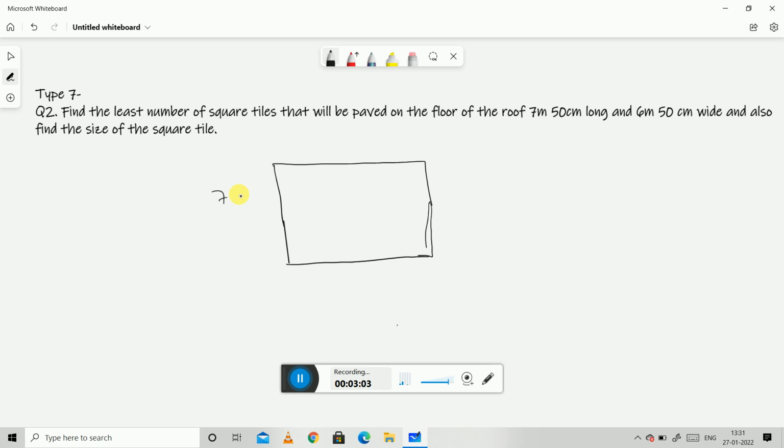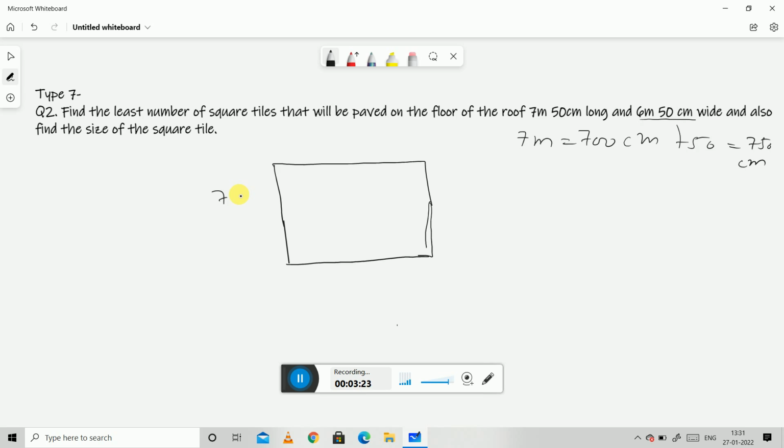Now let's make it into the same unit. Obviously we cannot work on it like this, so let's convert the entire thing into centimeter. So 7 meter is actually 700 centimeter, and you will add 50 to it, so it will become 750 centimeter.